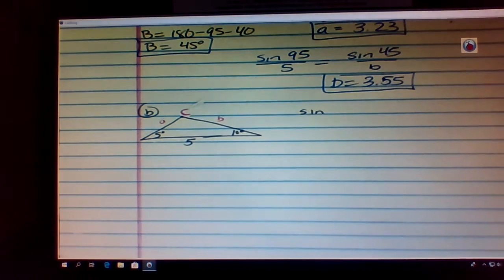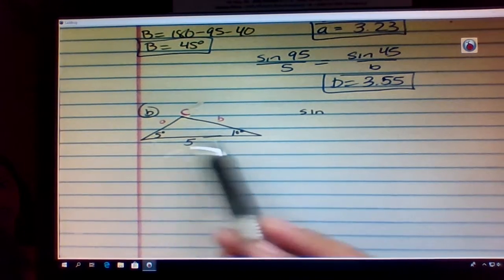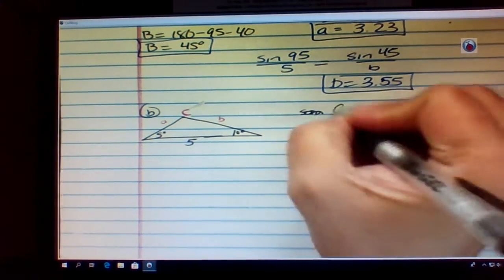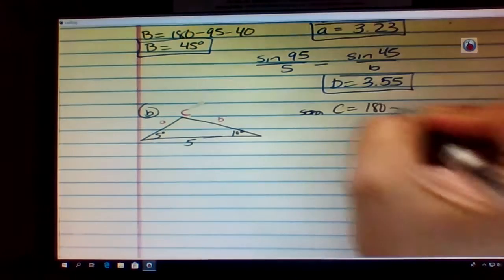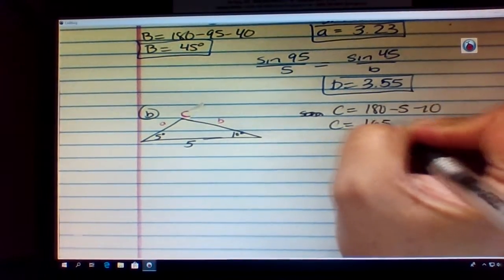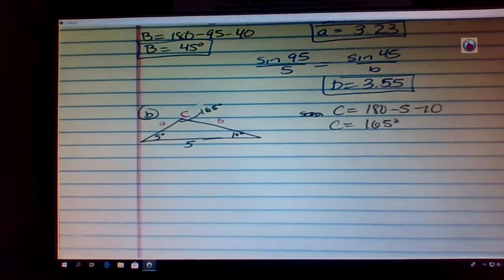What should be the first thing you figure out? The last angle, because that is the only side that you have. If this is 5 and this is 10, I need to figure out that C is 165. Now using this 165 degrees, you should be able to figure things out.